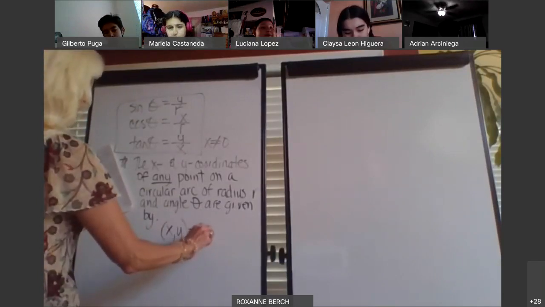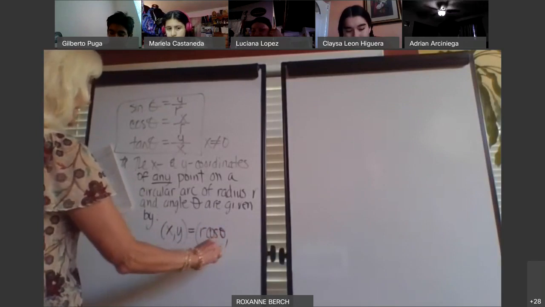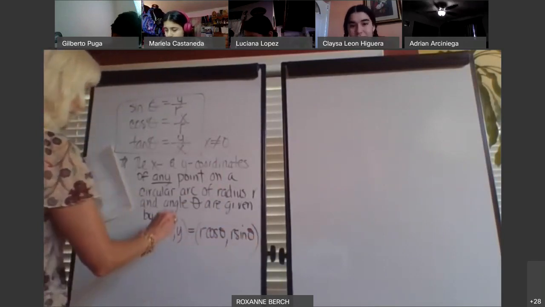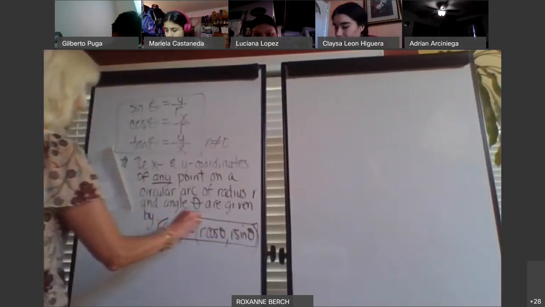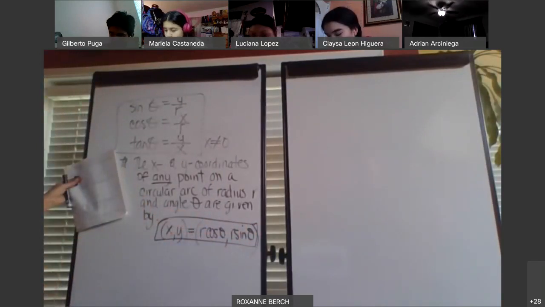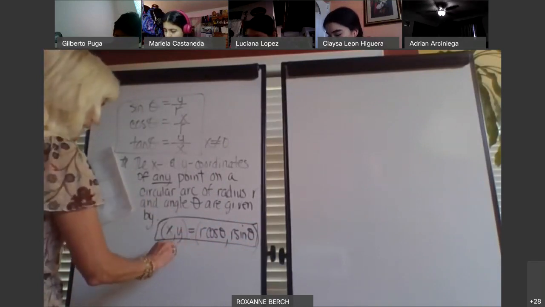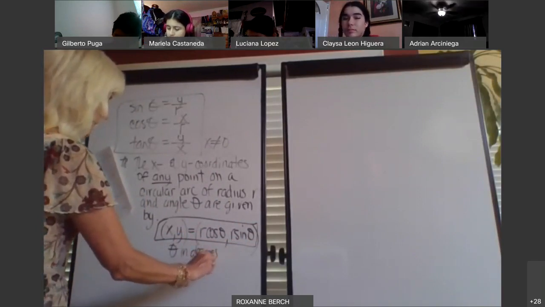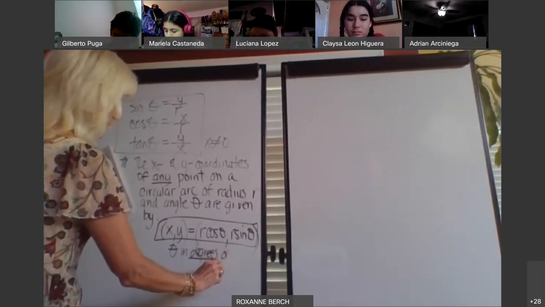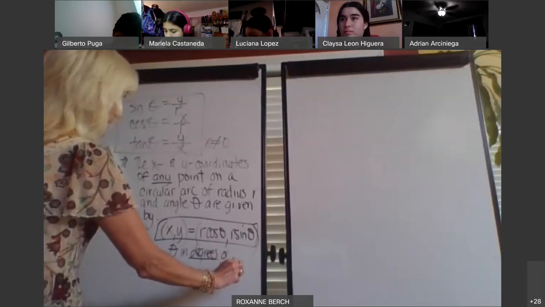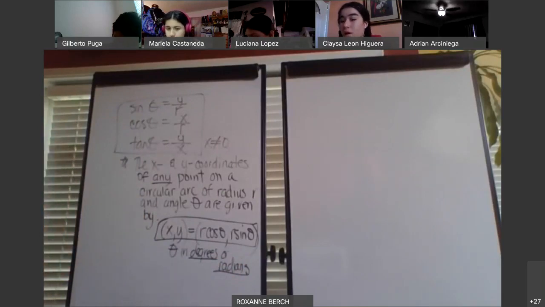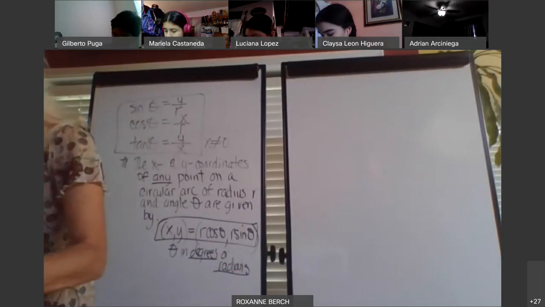It's r cosine theta when the radius is not 1, and r sine theta. So a little bit different. Now theta could be in degrees or radians. It doesn't have to be in radians like there's a formula that I showed you earlier. It could be in degrees or radians.